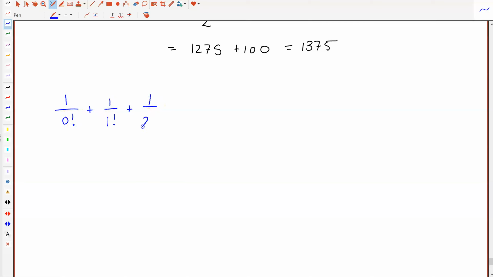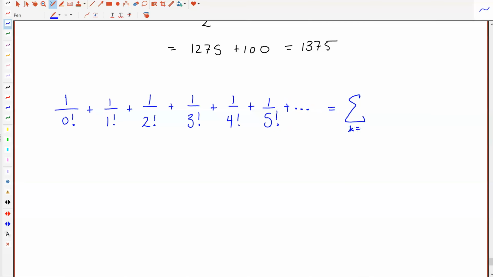The next term is 1 over 2 factorial, 1 over 3 factorial, 1 over 4 factorial, 1 over 5 factorial, and just keep on going. And we're going to add up all these terms, which means we're going to form a series. So this would be classified as an infinite series.